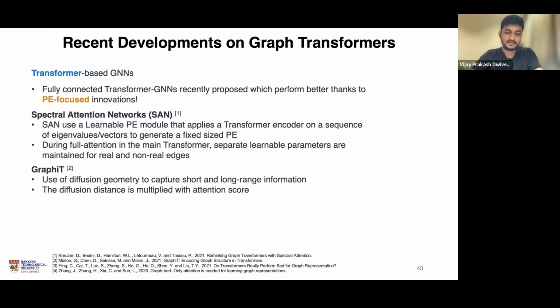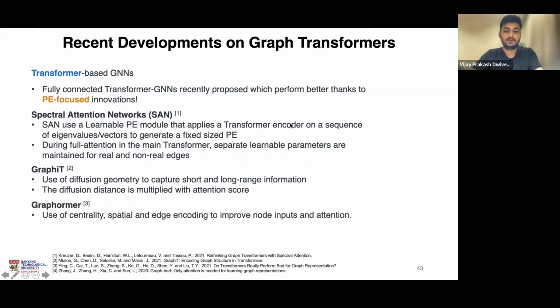Similarly, the next model, GraphiT, uses a distance-based positional encoding. After each attention computation, it uses this distance information to improve the attention score. And next is Graphormer, which has a combination of centrality, spatial, and edge encoding. It uses this as additional node information, and also to improve the attention score, which is the edge encoding part.